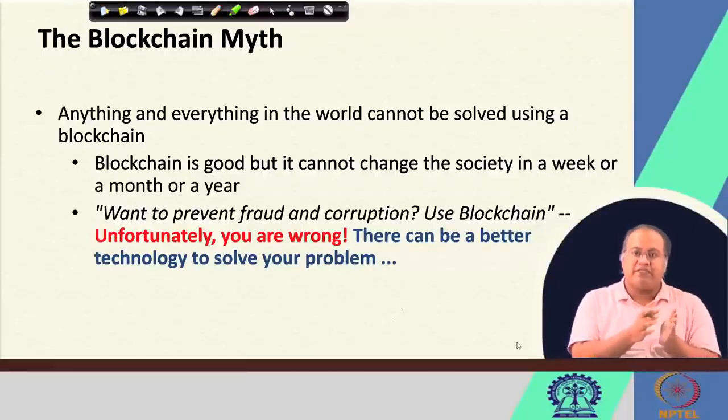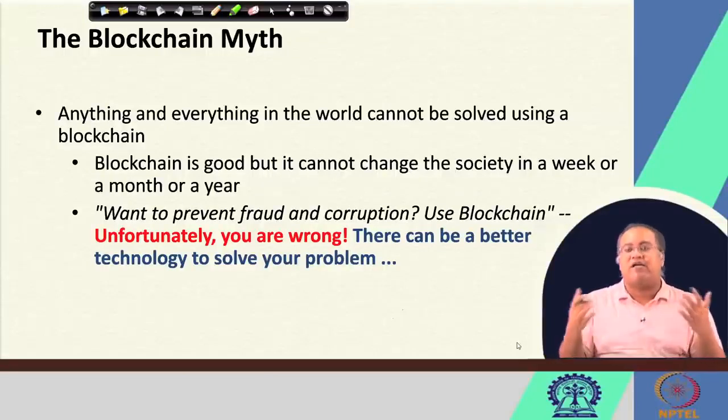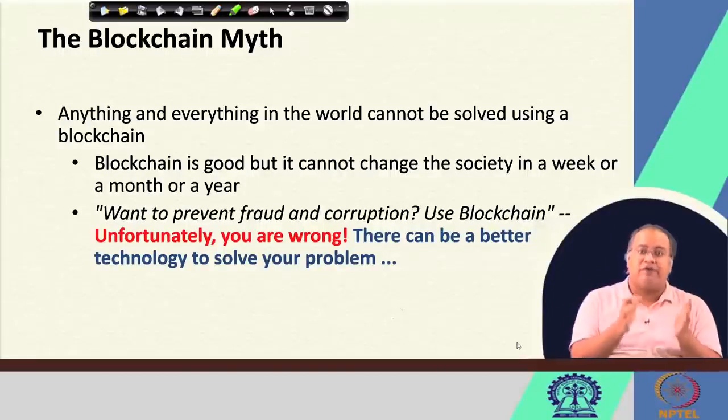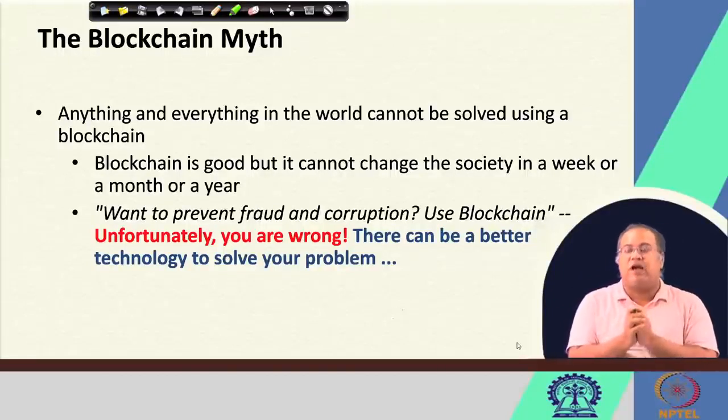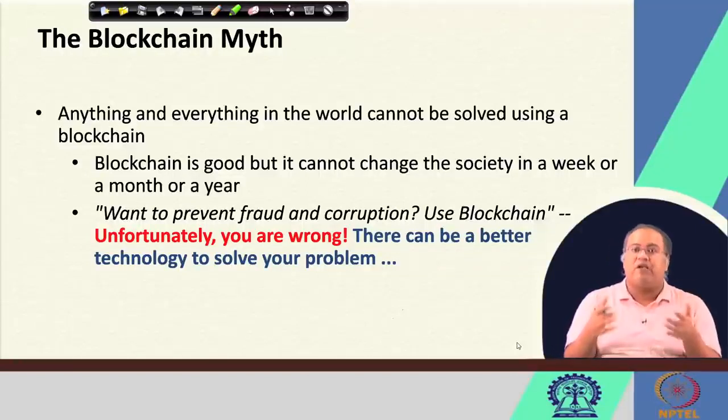If blockchain is the best technology to solve your problem, then go with it. Otherwise, think about what can potentially be a better solution. That is my suggestion to all of you who are going to take this course to learn blockchain and try to apply blockchain to certain problems. Before applying blockchain to a certain problem, think carefully whether blockchain is the best solution to solve your problem or not.